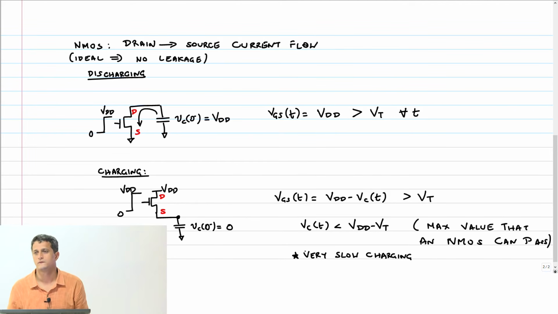Any questions here? Identifying the drain and source is the most key thing that you have to do in this analysis. Similarly, let's now move to the PMOS transistor. Current flows from source to drain.